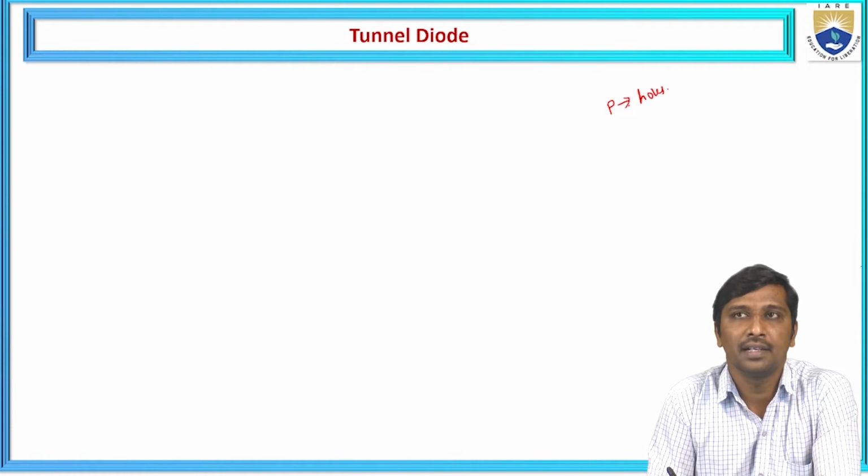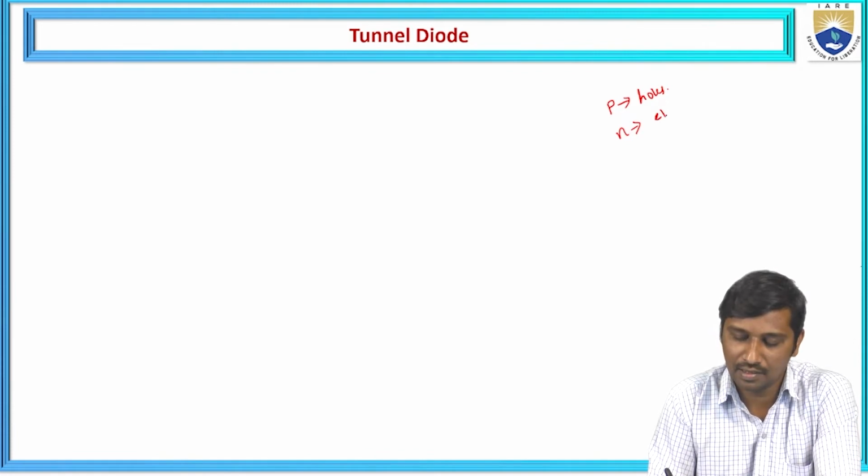Whenever pentavalent impurities are added to a pure semiconductor, it is called an N-type extrinsic semiconductor. Based on this doping concentration, the majority charge carriers in N-type materials are electrons.